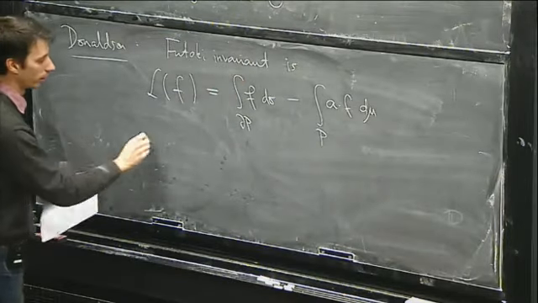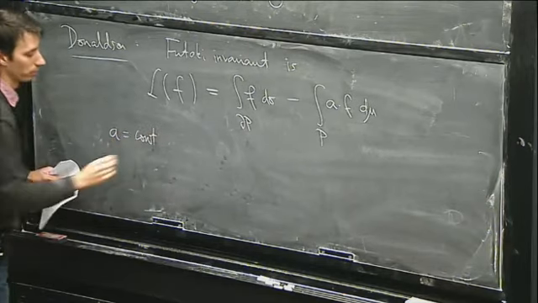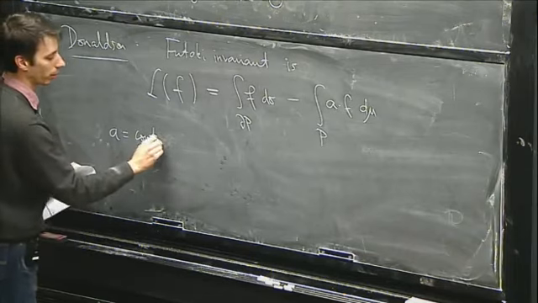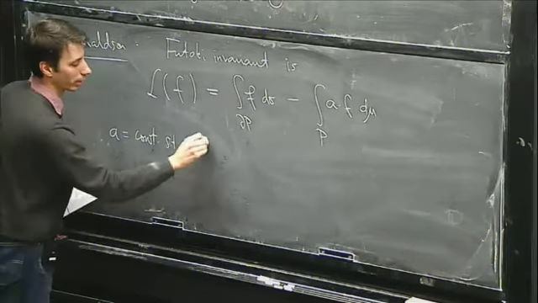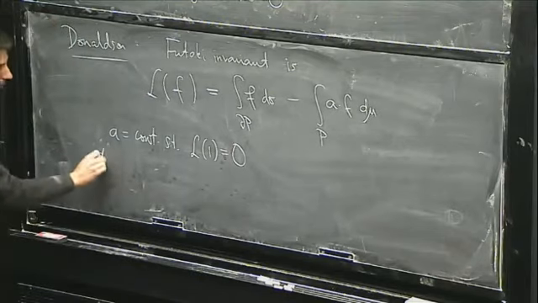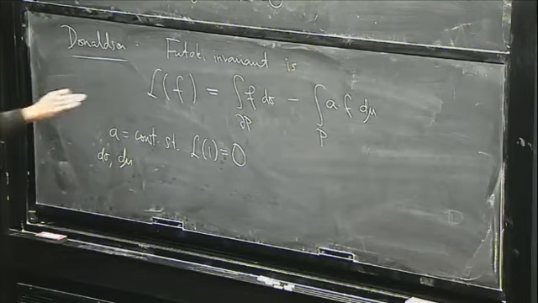So a is going to be a constant, which is essentially the average scalar curvature. So this will be determined by the condition that L of 1 is 0, and d sigma and d mu are just natural measures that you can define on the boundary.